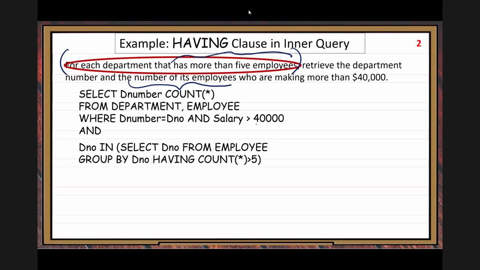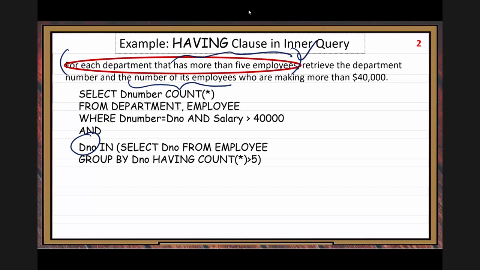So this is the first part. Then you have the second part, where you want to apply another condition on the department number. Because if a department does not satisfy this condition, you should exclude it from your query result.